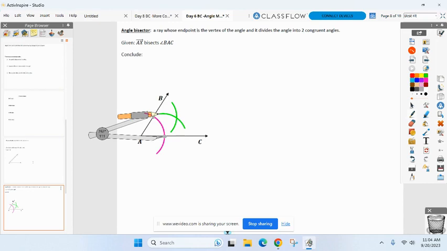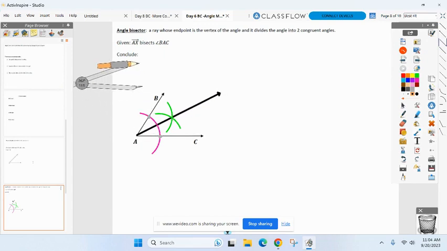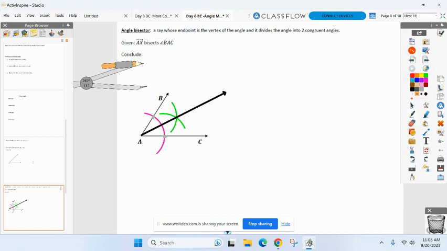And then hopefully you got some fireworks going here. Grab that straight edge and draw in your bisector. And make sure you tell me it's an angle bisector by putting your arc marks, offsetting.